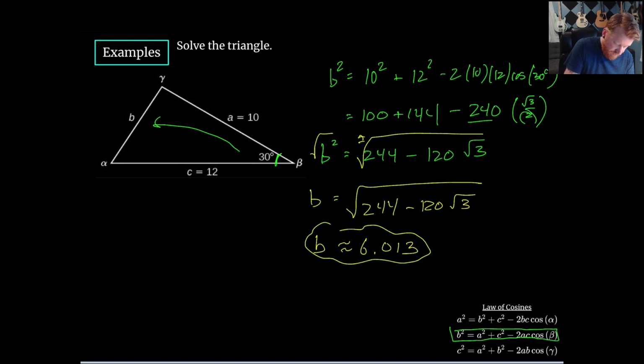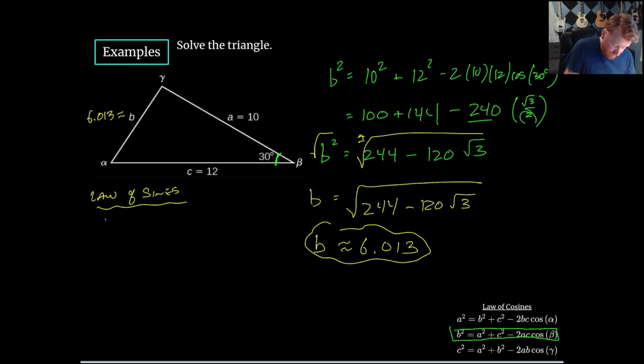So there we go. We've got our b value. This is going to be about 6.013. So now we've got all of our sides. Now we can use the law of sines to figure out one of the other angles here, and then we should be off to the races. So let's take a look here. Using the law of sines, so maybe I'll just write that down, law of sines.